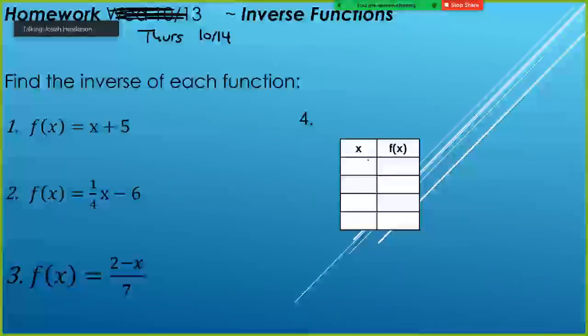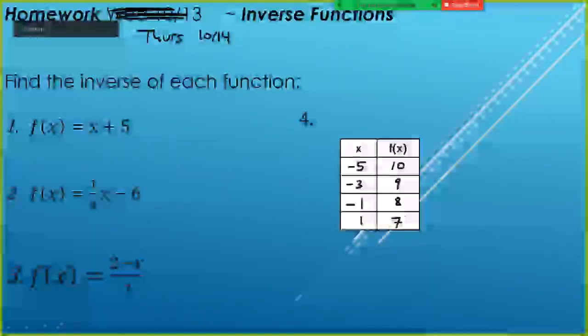So let's have, here's our number 4. I'm filling it in. So for number 4, you're just giving me the table of the inverse, not like an equation.